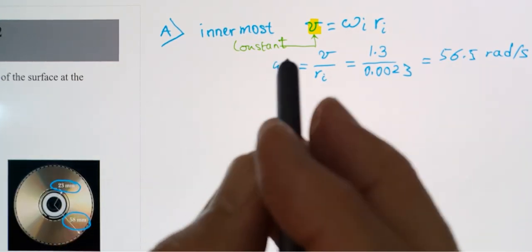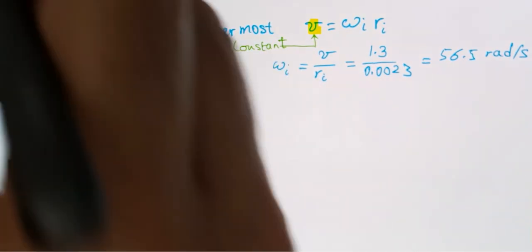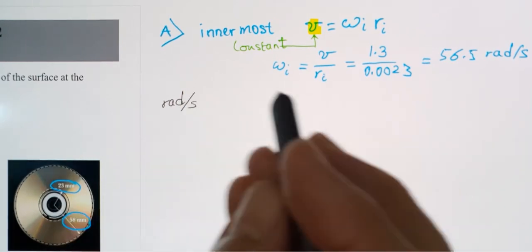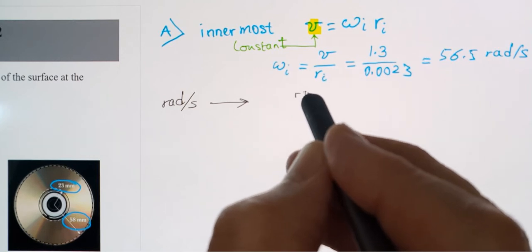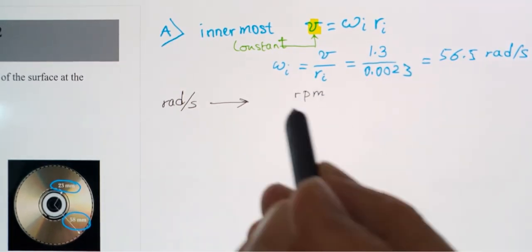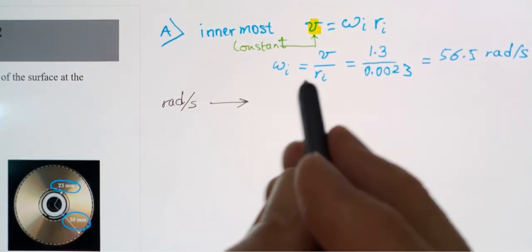Okay, we have radian per second. We need to convert it into revolution per minute. So we do it in two steps.